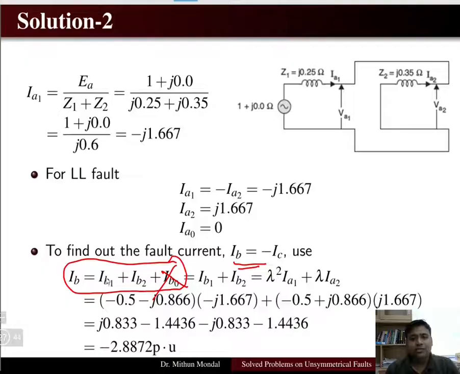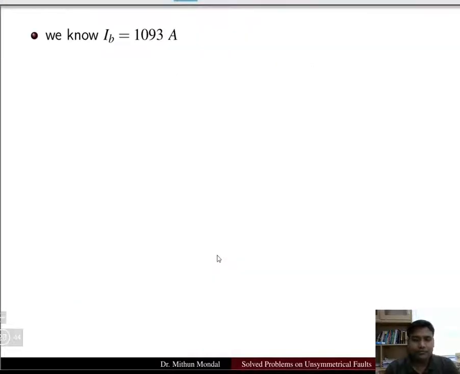We can resolve IB1 and IB2 with respect to IA1 and IA2 as lambda square IA1 plus lambda IA2. After substituting the parameter values, we get IB in per unit, and IC is minus IB.